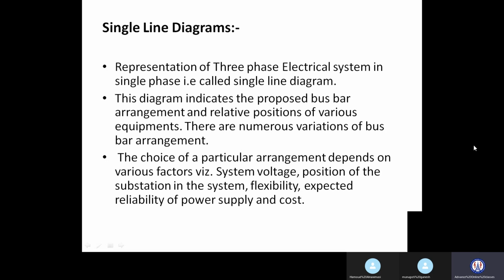The second input is the type of switching scheme. What type of switching scheme are you using for your system?